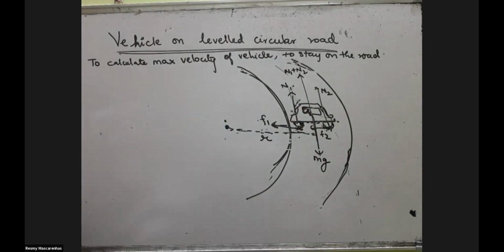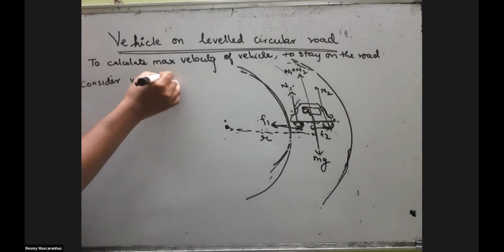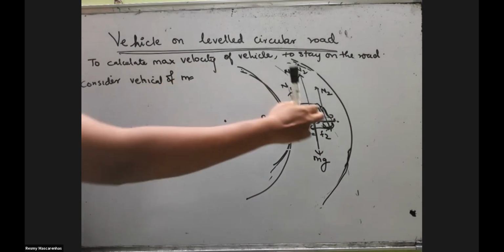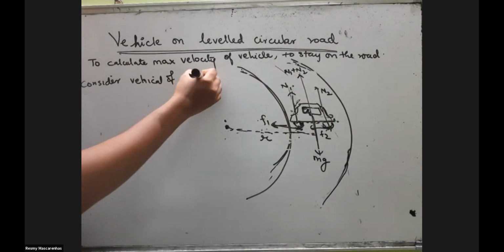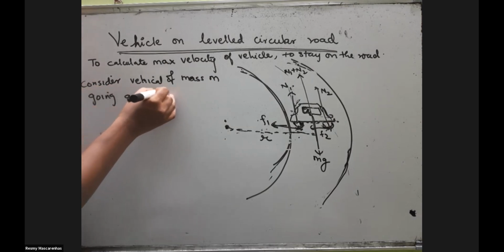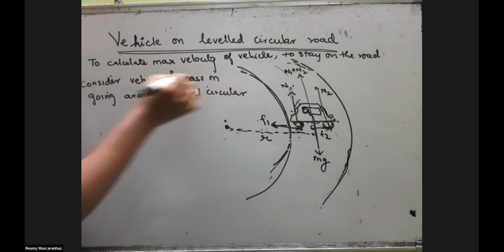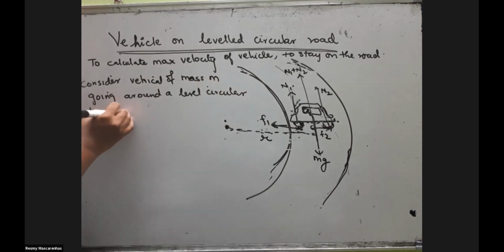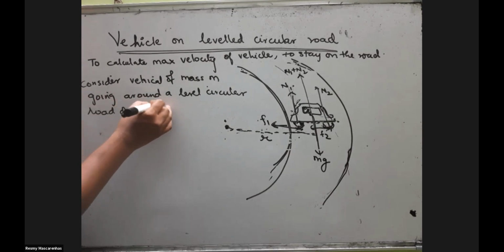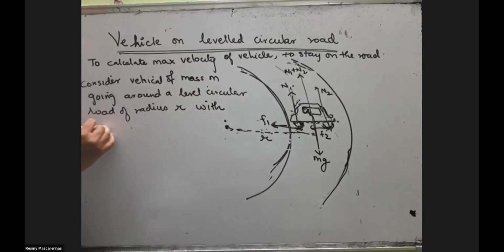So we'll write all of this. Consider a vehicle of mass m kg going around a level circular road of radius r with constant speed.